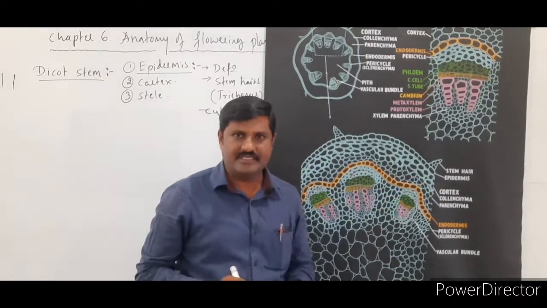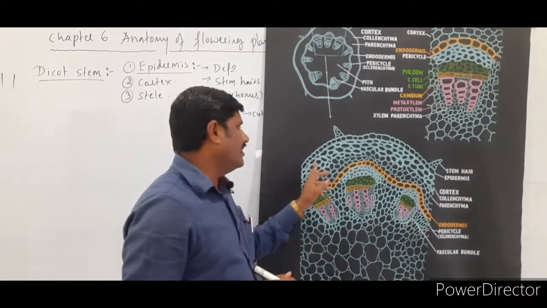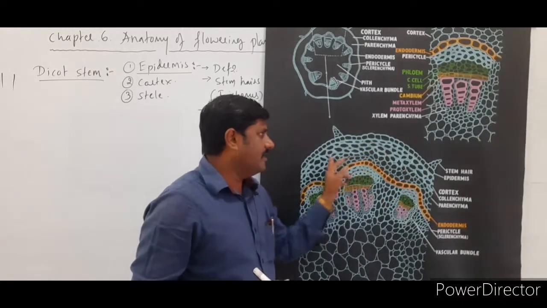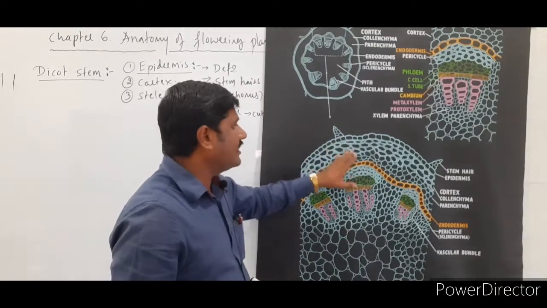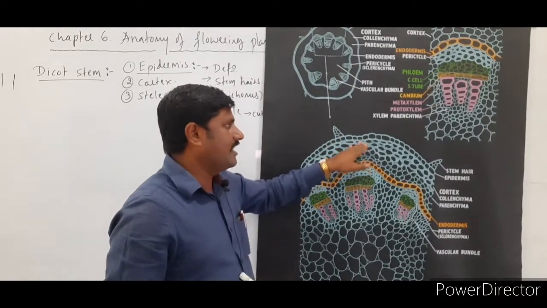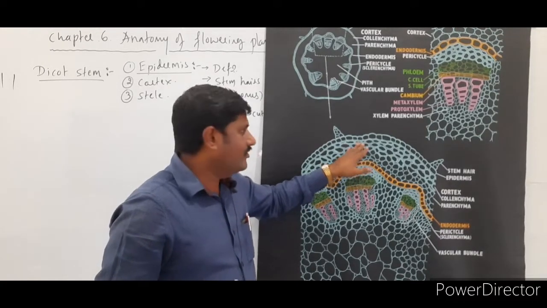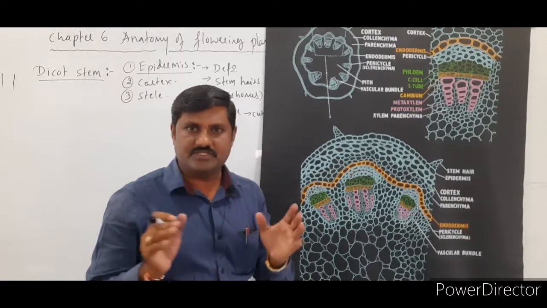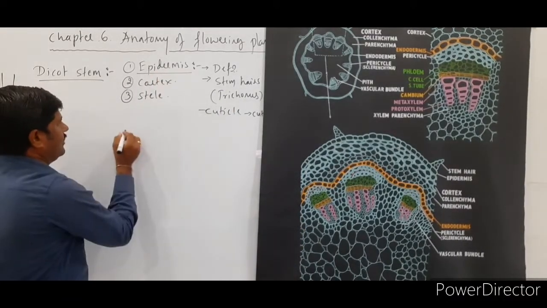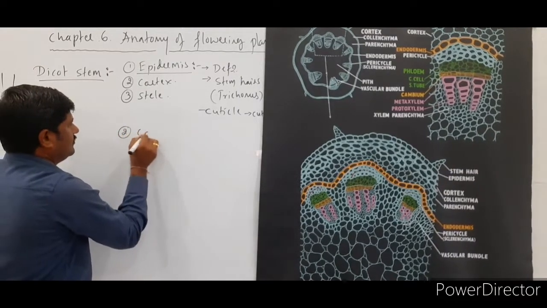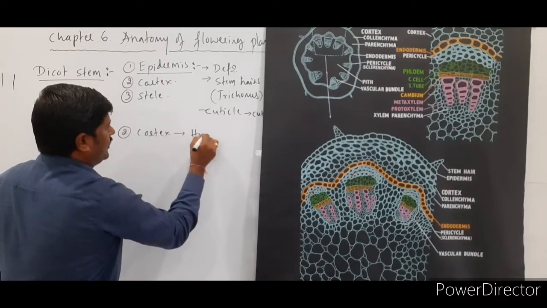The cell wall is very thick there, and those thick cell-walled cell layers are nothing but collenchyma. So here the cortex is divisible into collenchyma tissue, which forms the hypodermis. What does it form? Hypodermis, which is made up of collenchyma tissue. So after the epidermis, the second part is the cortex. In the cortex, you find the hypodermis.